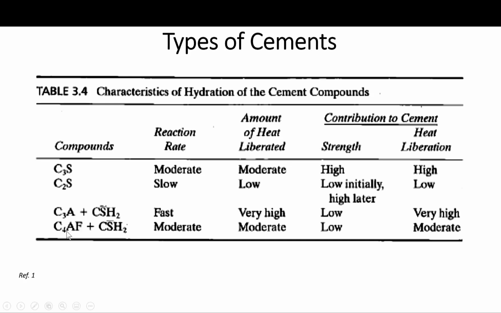The C4AF, tetracalcium aluminoferrite, and again, it reacts with gypsum also to some extent. The reaction rate is moderate. The amount of heat liberated is moderate as well. Low contribution to the strength, and the heat liberation is moderate.